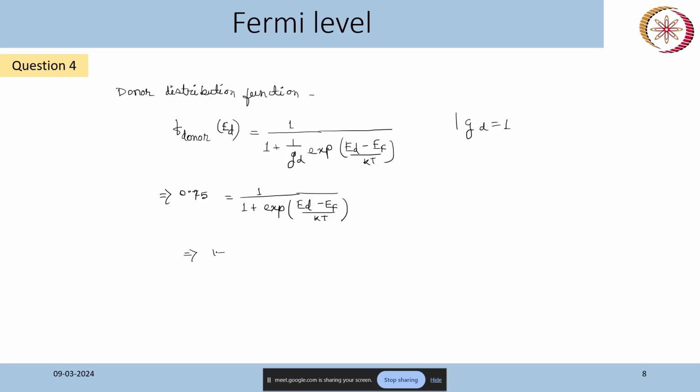So 1 plus exponential ED minus EF by KT will be 1 by 0.75 minus 1. So we can take log and get ED minus EF.